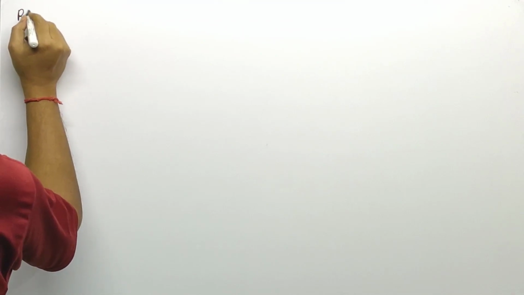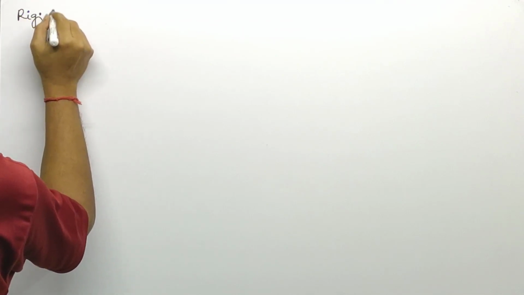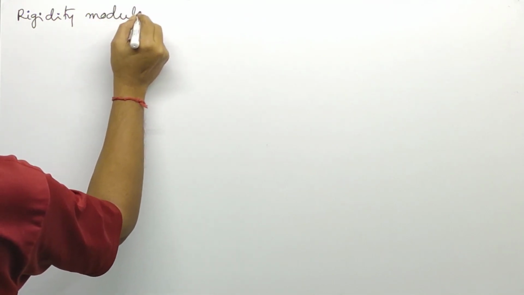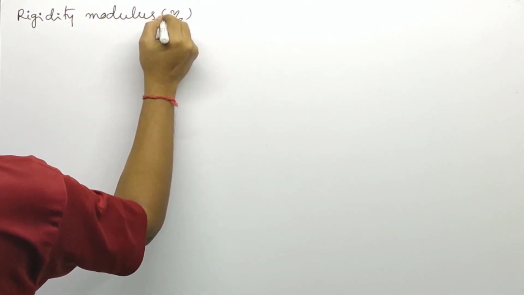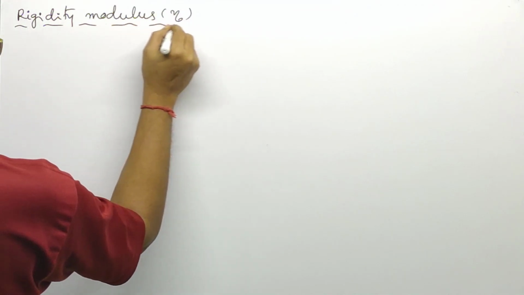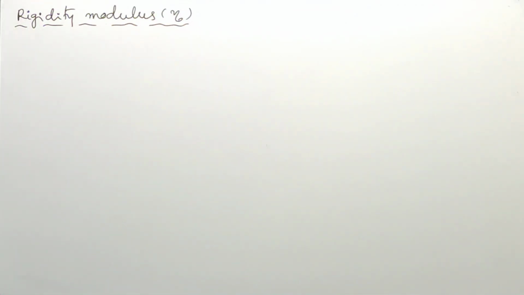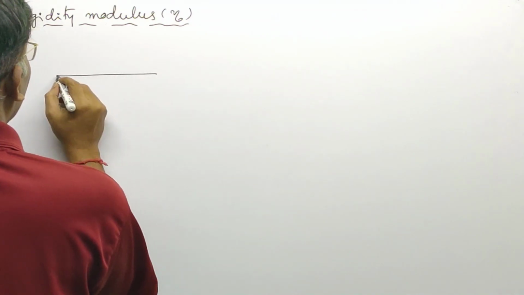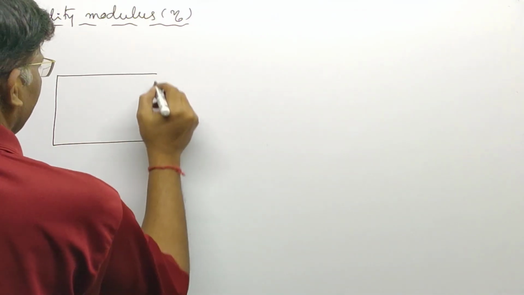Next one, rigidity modulus, eta. Let us assume a cube or a square plate.